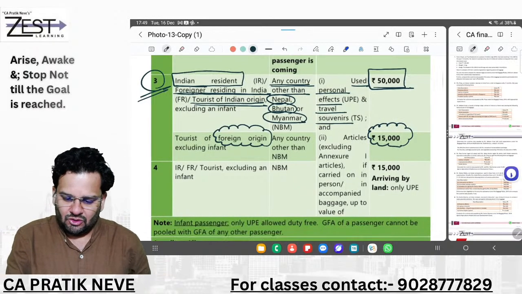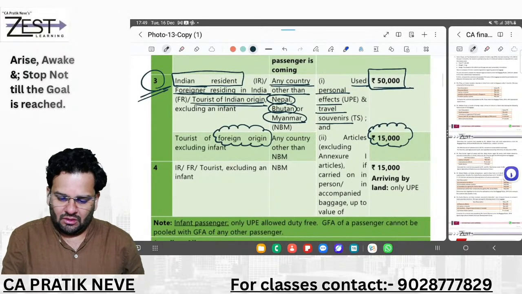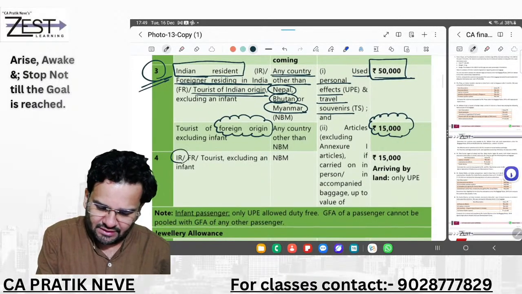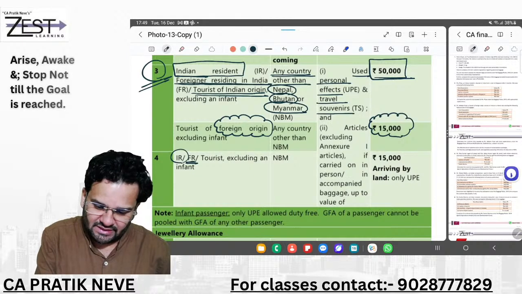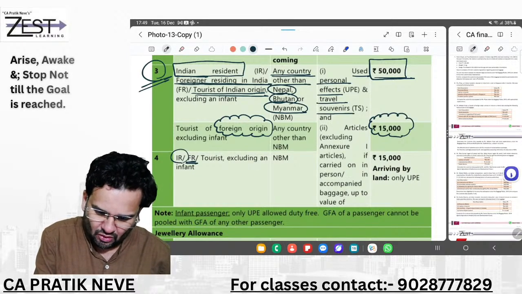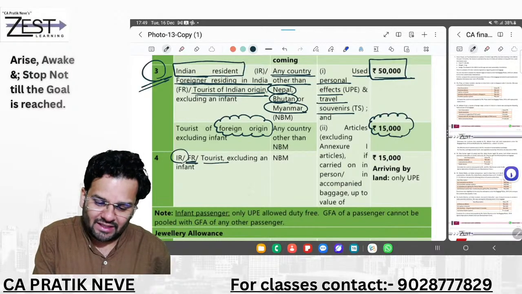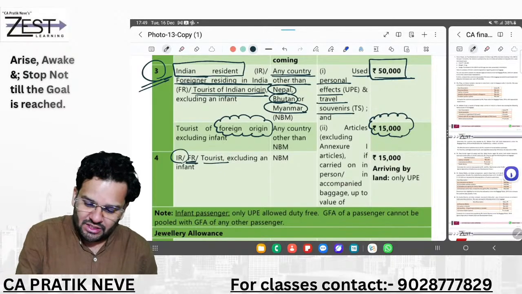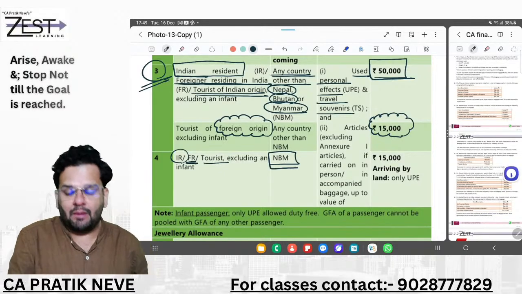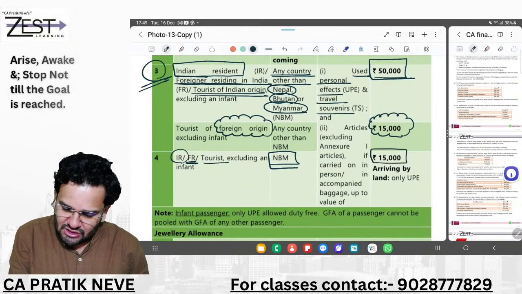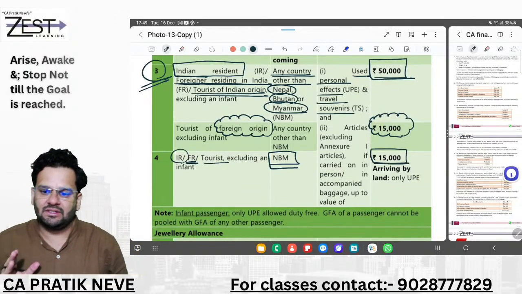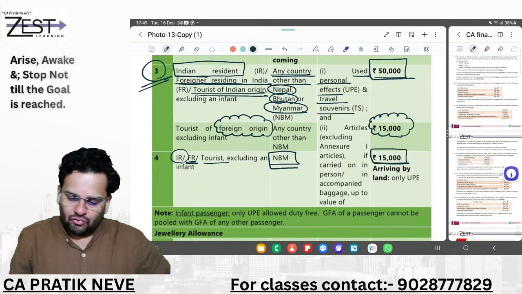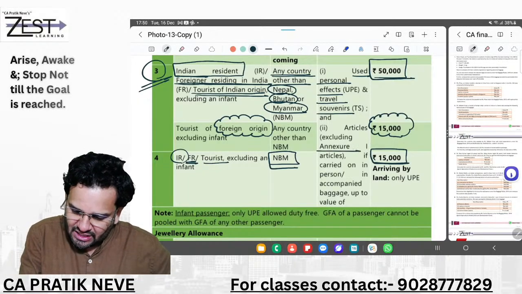But you will be allowed, if you are an Indian resident, foreign residing in India, or a tourist excluding an infant, meaning a child up to 2 years of age, and you are coming to India from Nepal, Bhutan or Myanmar, then always this GFA is 15,000 rupees. But what you should remember is this GFA is not allowed for those articles which are in Annexure 1.